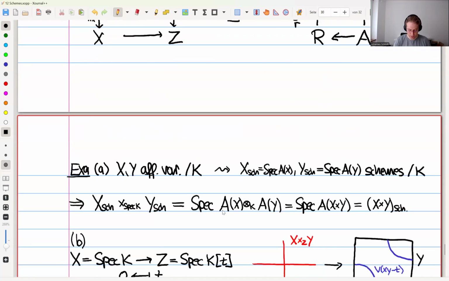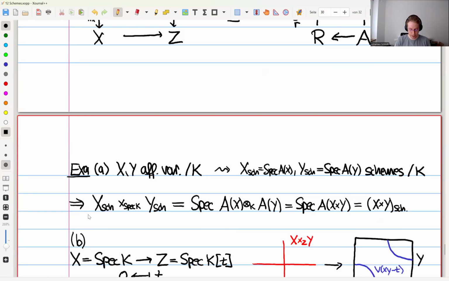So you just take the spectrum of A_X tensor over k with A_Y. But then from the theory of affine varieties, we know this here is exactly the coordinate ring of X cross Y. And then we're back in the situation where we take Spec of the coordinate ring of an affine variety. And so this is exactly the scheme associated to this variety.